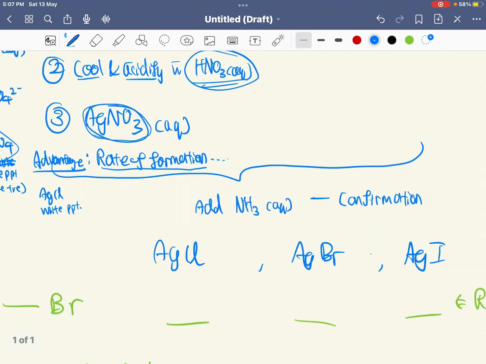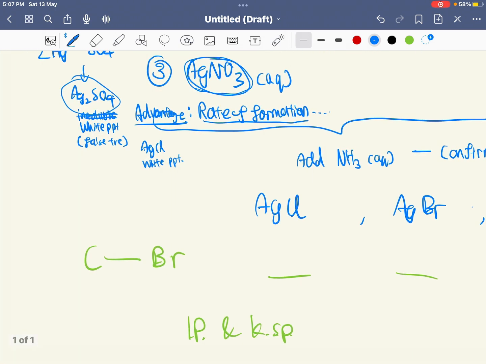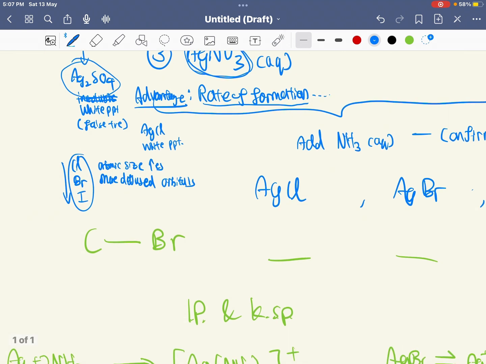Because why? If you can recall the theory, down the group from Cl to Br to I, just examine these three halogens here. Down the group, our atomic size increases, so therefore our orbitals are more diffuse. We can recall from chemical bonding that when I have more diffuse orbitals, the orbital overlap between the orbitals of carbon and bromine will be less effective.